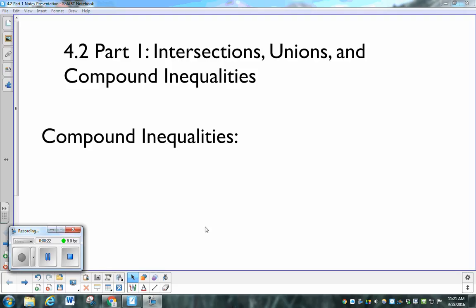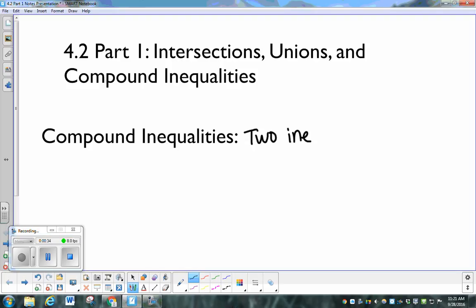So the first thing I want to talk about is something called compound inequalities. This is when you have two inequalities and they're going to be joined by one of two words.